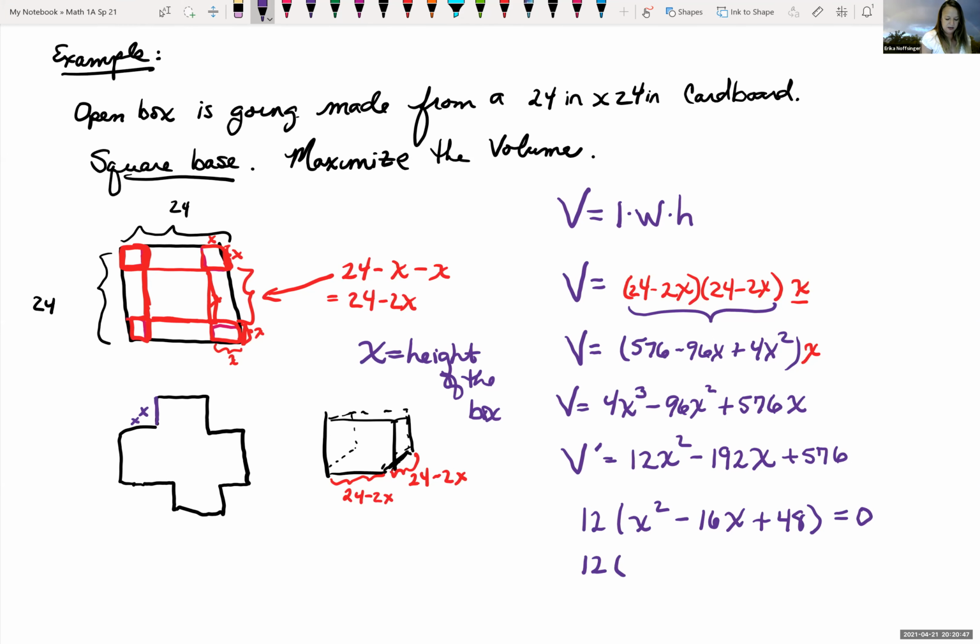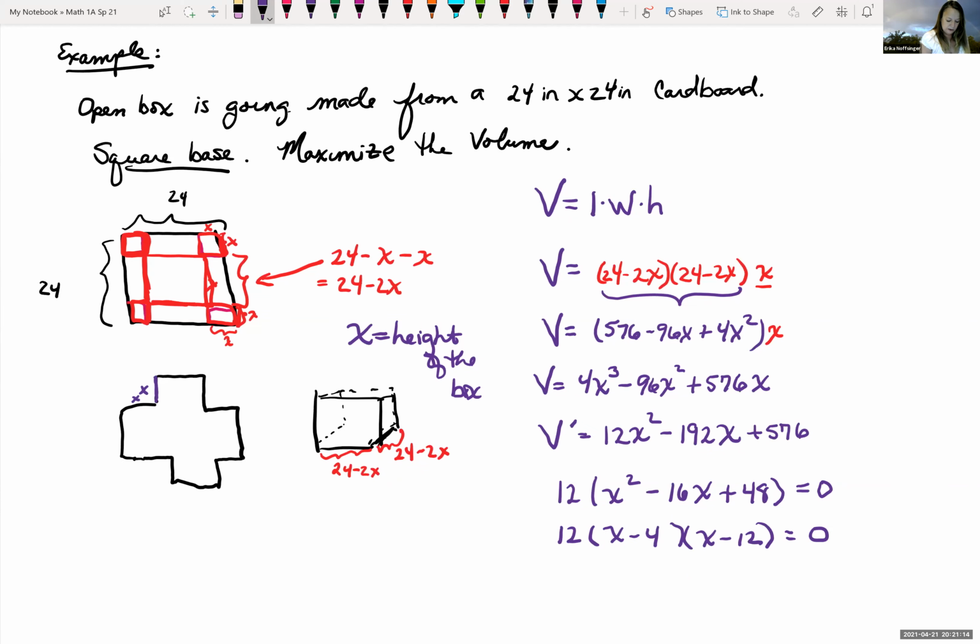Are there two numbers that we can multiply to give us 48 and add to give us a negative 16? Well, 12 times 4 is 48, and 12 plus 4 is 16. So if they're both negative, x minus 4, x minus 12. And so if we look at this, x could either equal 4 or x could equal 12.